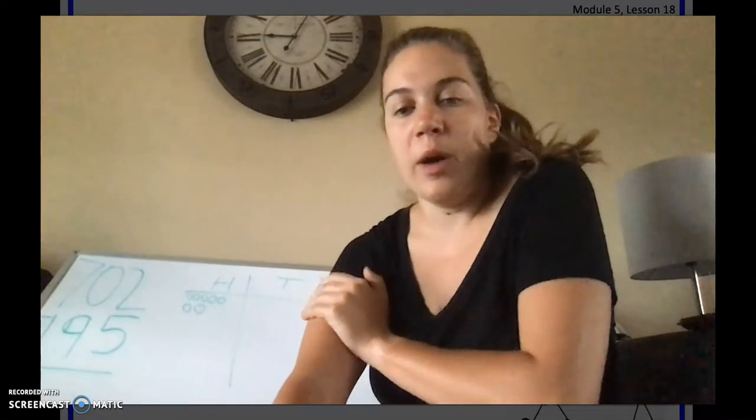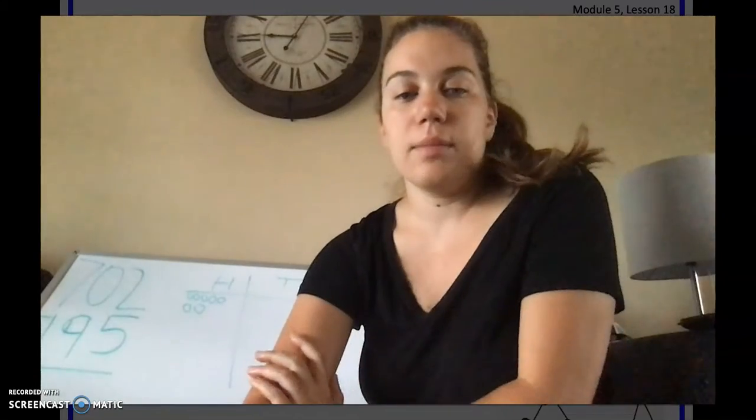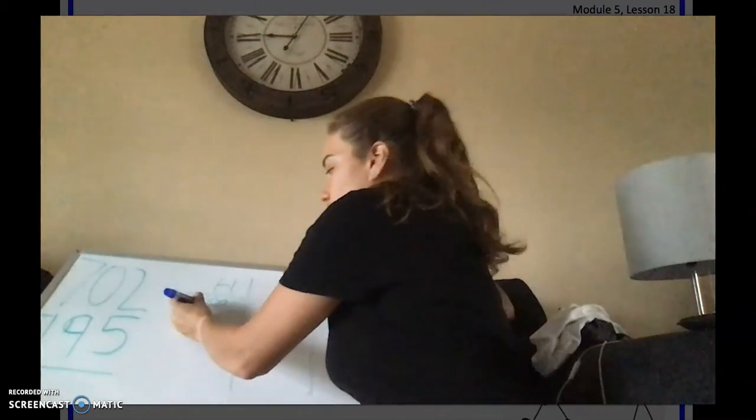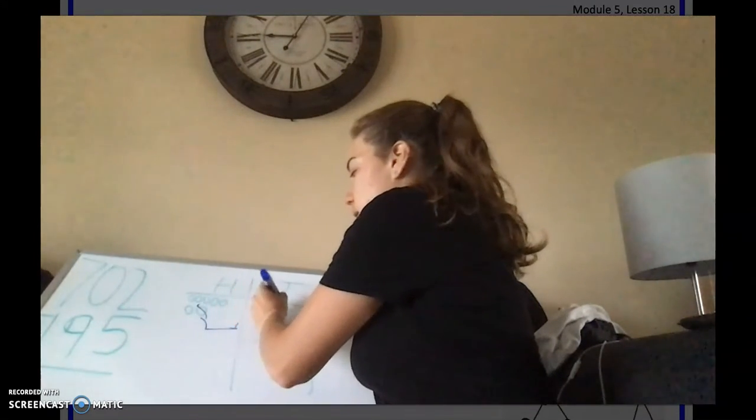So we're going to first start in our ones column. And we're going to do 2 minus 5, but we can't do that. So we have to go to our tens column, but there's nothing there. So then we move on to our hundreds column, where we're going to take 100, and we're going to trade that in for 10 tens.